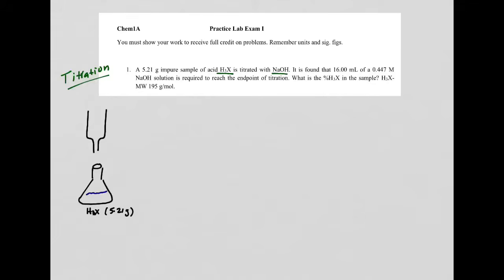So I have sodium hydroxide up here, and the sodium hydroxide has a concentration of 0.447 molar. You add 16 ml of it before it turns pink, right? It reaches the end point. So how much do you add? You add 16.00 ml of sodium hydroxide, and it turns pink. So far, so good? Okay.